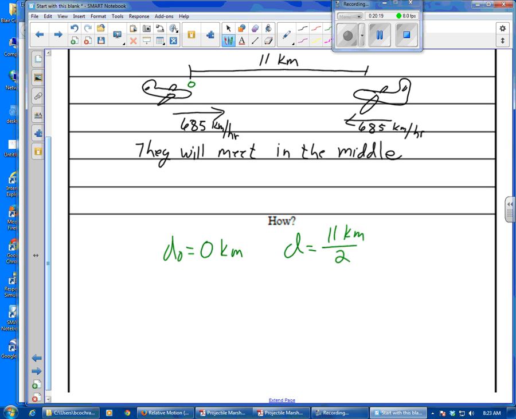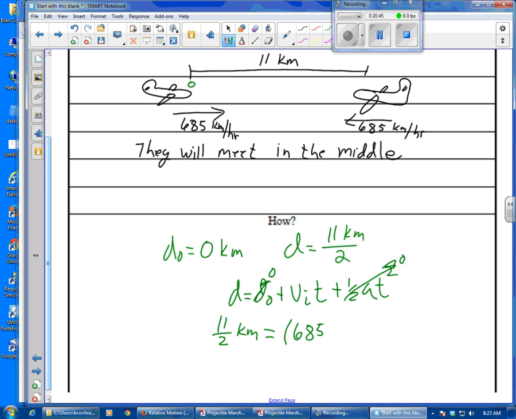And then I don't know the time, but I know it's not accelerating, so I'm going to stick with my base equation. No acceleration. We called that 0, so that can go away. I have 11 over 2 kilometers equals 685 kilometers per hour multiplied by time.